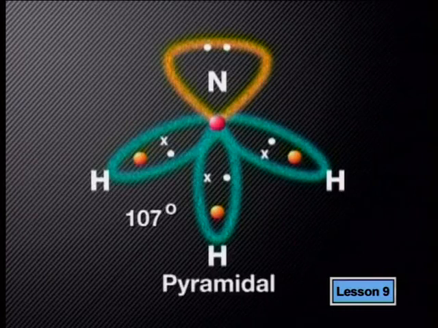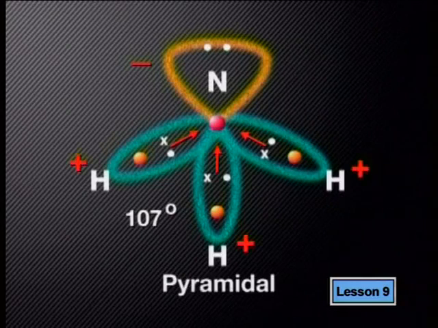This tells us that nitrogen pulls the bond pair closer to itself. The top of the pyramidal shape becomes more negatively charged, and the base where the hydrogen atoms are becomes positively charged. So the ammonia molecule has a positive end and a negative end, and so is called a dipole or a polar molecule.